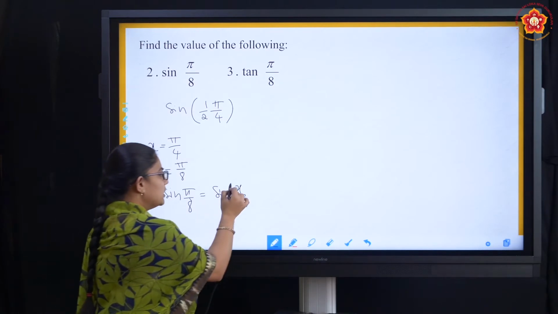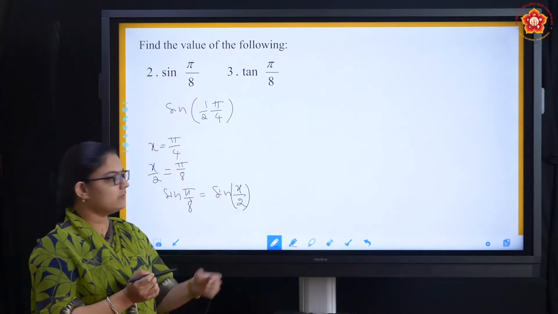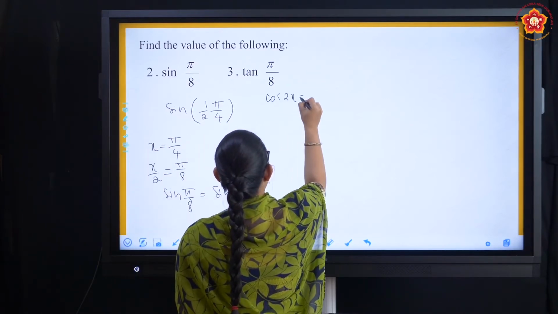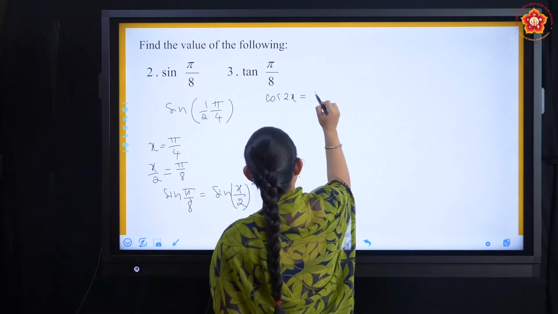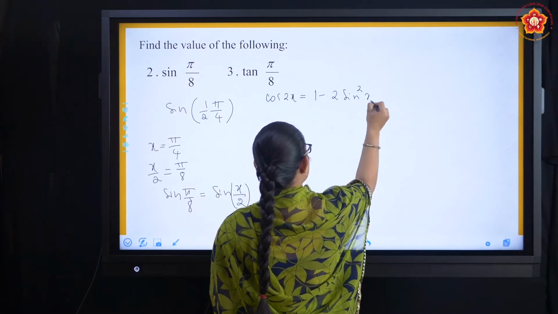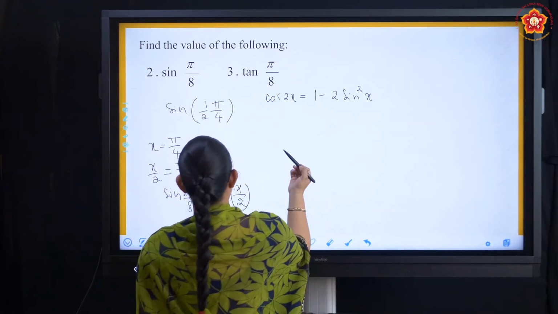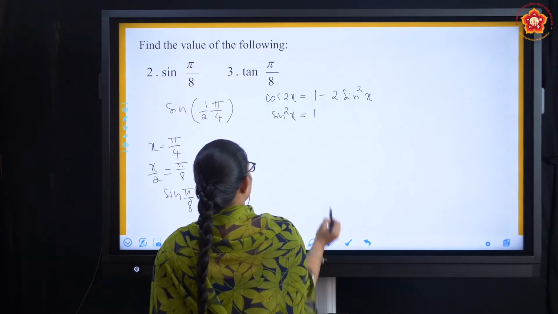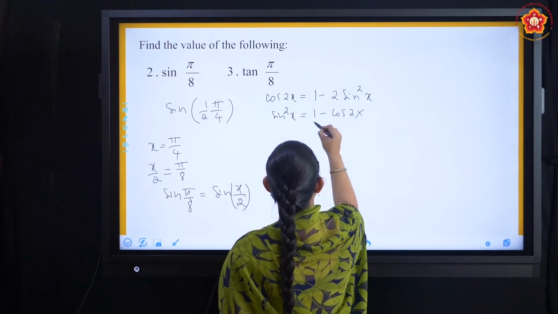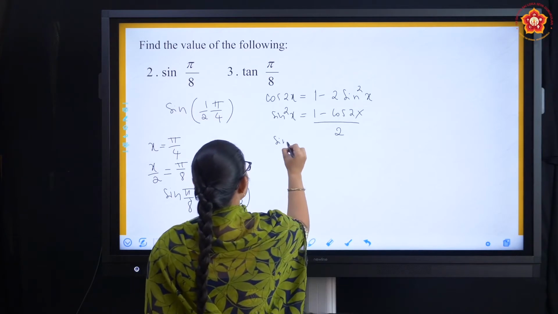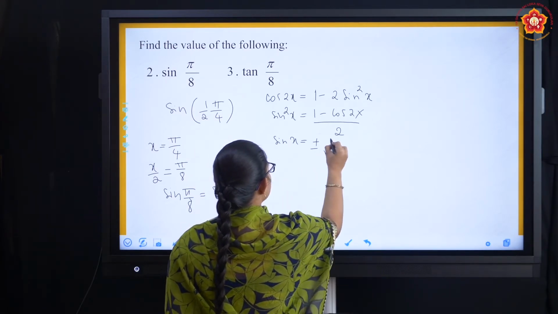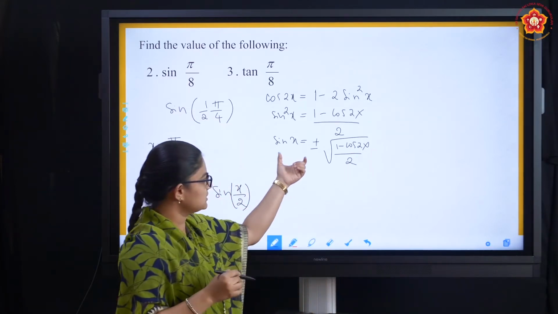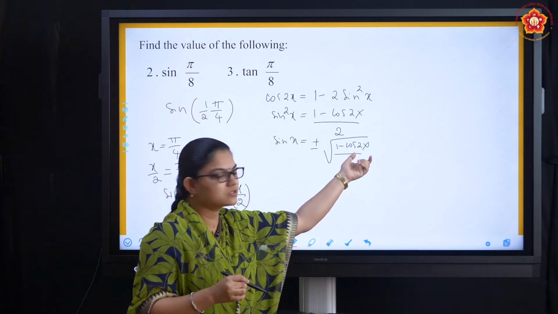So what is the formula for sin x by 2? We can derive it by using the formula for cos 2x. We know cos 2x, in terms of sin, is equal to 1 minus 2 sin square x. And what is sin square x? So sin square x is nothing but (1 minus cos 2x) divided by 2, or sin x is nothing but plus or minus square root of (1 minus cos 2x) by 2.